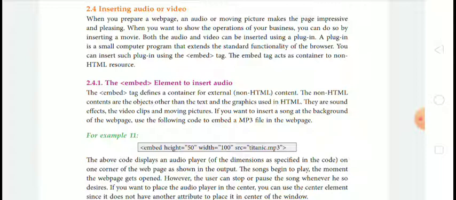Both audio and video can be inserted using a plug-in. A plug-in is a small computer program that extends the standard functionality of the browser. You can insert such a plug-in using the embed tag.